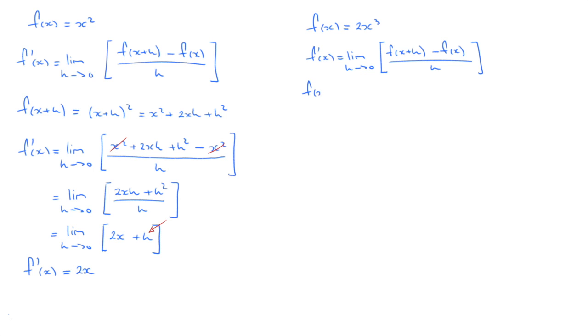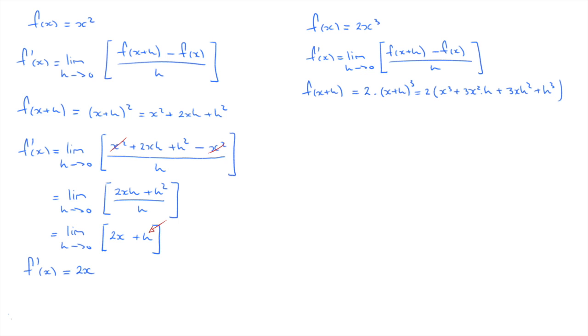We have f(x + h) equals 2 times x cubed, so that would be (x + h) cubed. And now (x + h) cubed is equal to the following. That would be 2 times (x cubed plus 3x squared h plus 3xh squared plus h cubed).